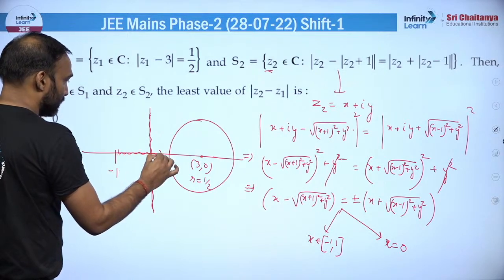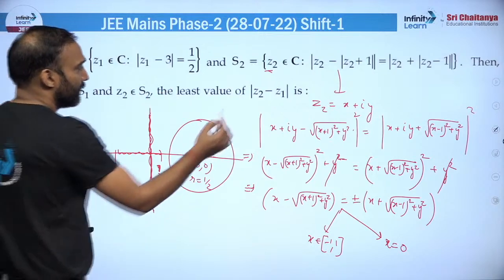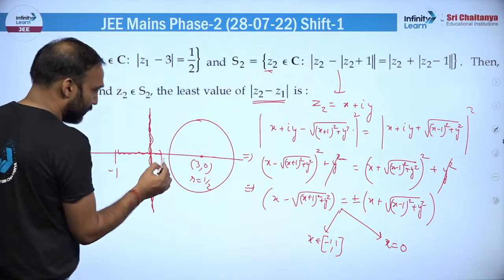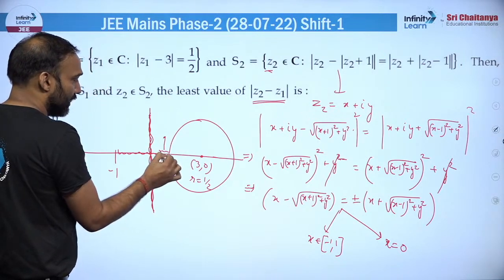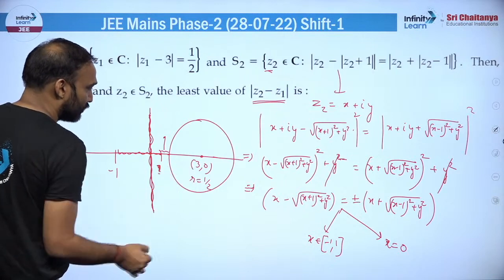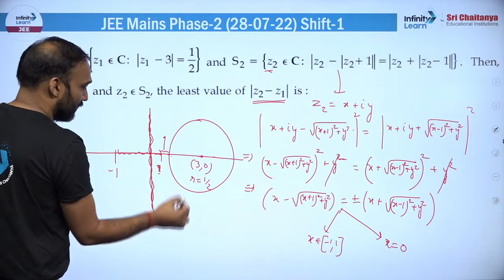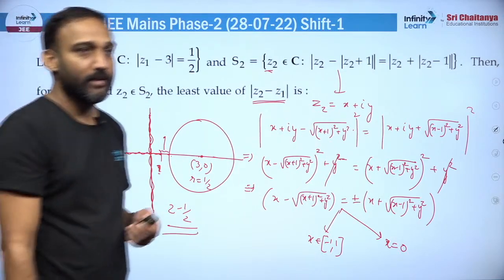So this is your locus of Z2. Now the least value is the distance between Z1 and Z2. The least value would be when Z2 is over here and Z1 is over here. So this distance is how much? 3 minus 1 is 2, 2 minus half. That is your answer, the least value of |Z2 minus Z1|.